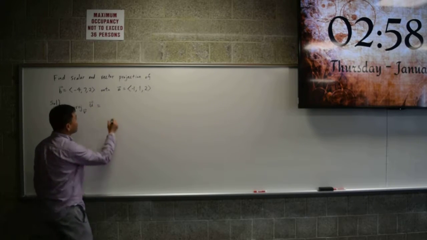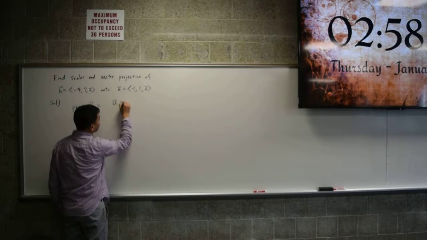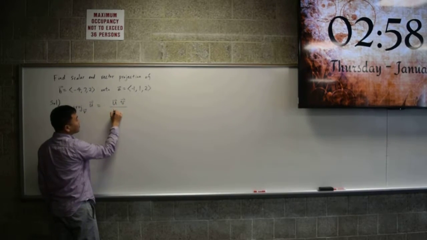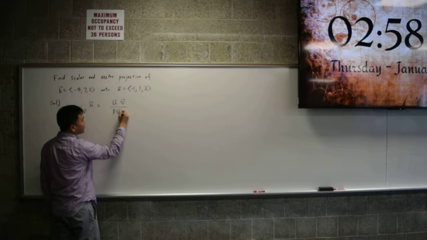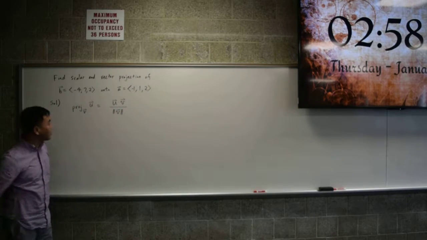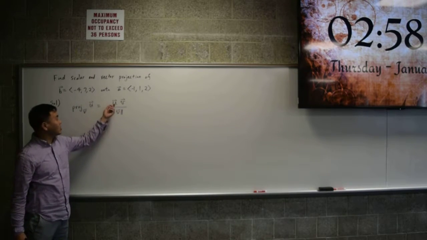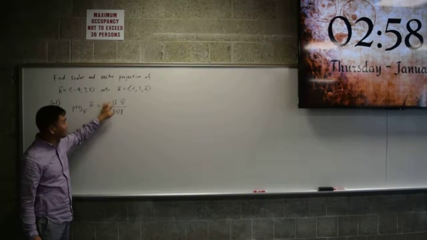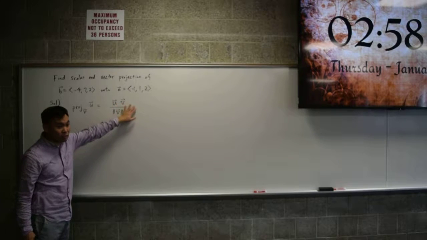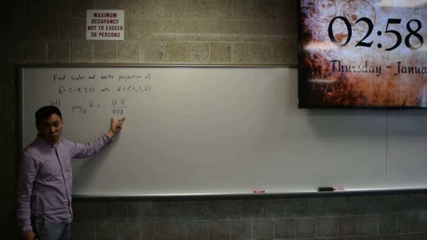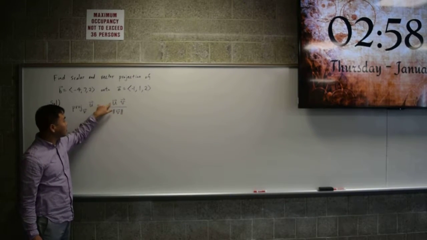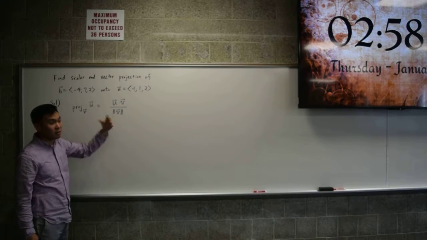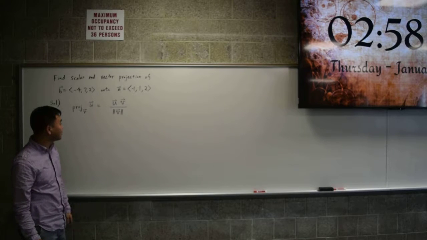You first take u dot v and you want to divide by the norm of v so that v is gone and you basically have u times cosine theta. Remember the formula for the dot product, right? It's the norm of u times the norm of v times cosine theta. So if you divide by the norm of v, you end up with the length of u times the cosine theta. And that's basically the length that you get when you project something, right?